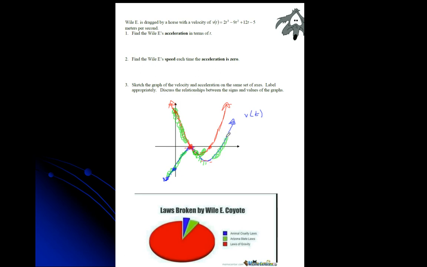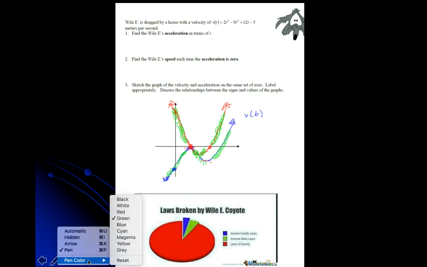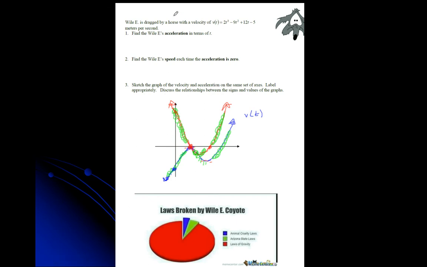Increasing goes with above the x-axis. And you did find the x-intercepts where the acceleration is 0, so you know that's 1 and that's 2, right?